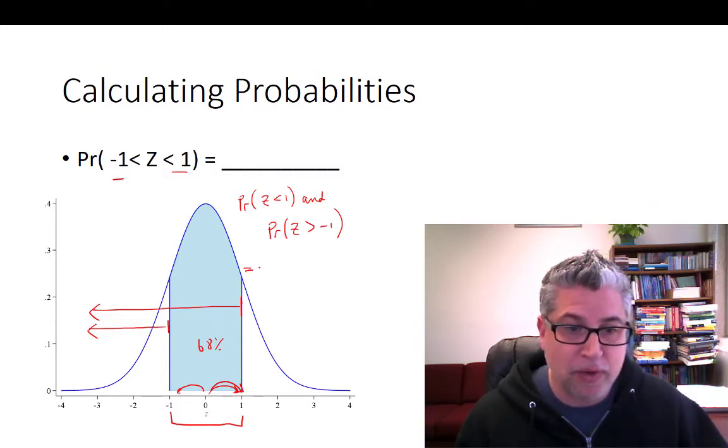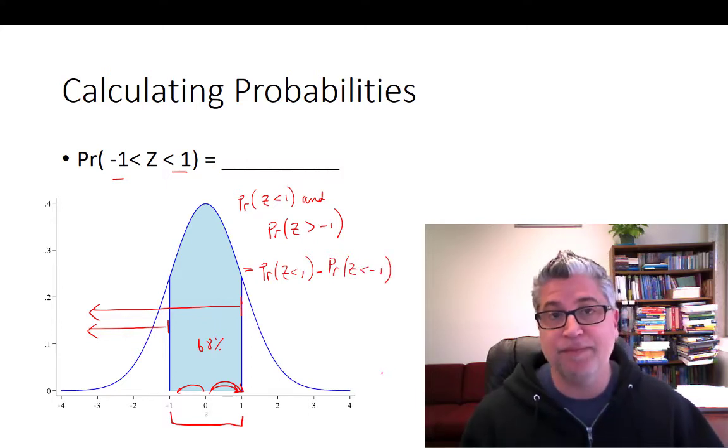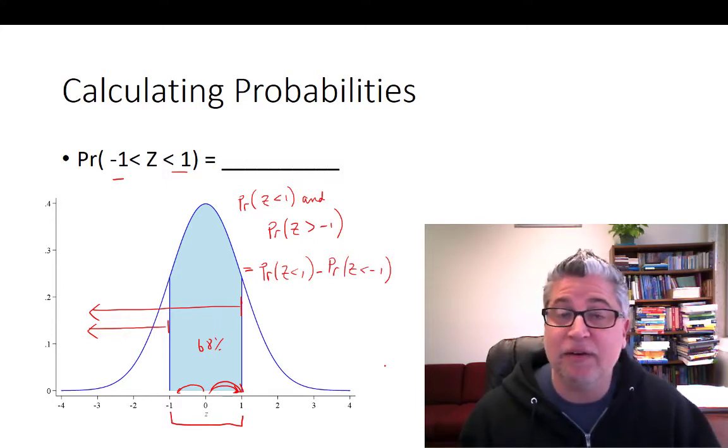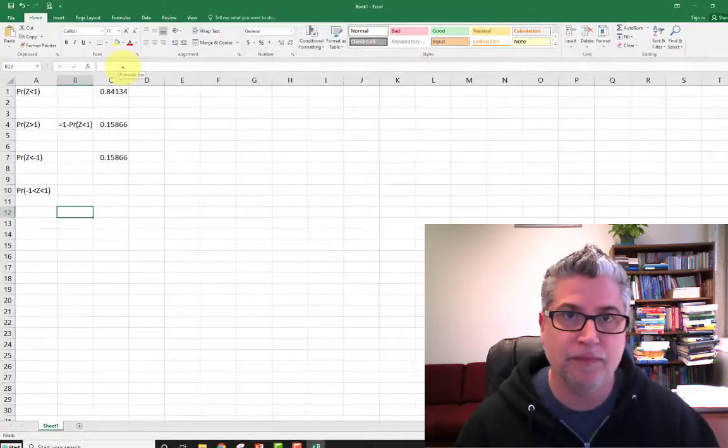Right, so again, this probability is equal to z less than 1 minus the part you don't need, the probability that z is less than -1. And that's the kind of formula that you'll key into Excel. Let's do that right now.